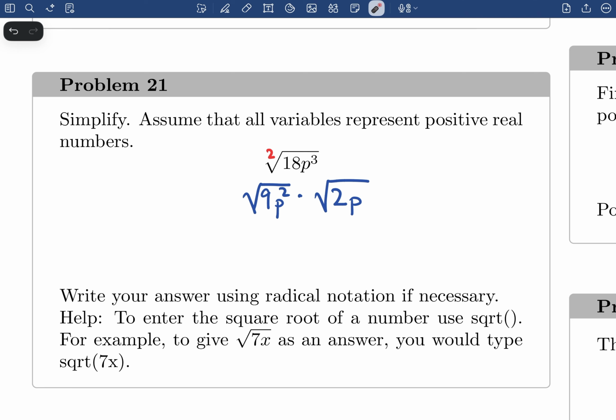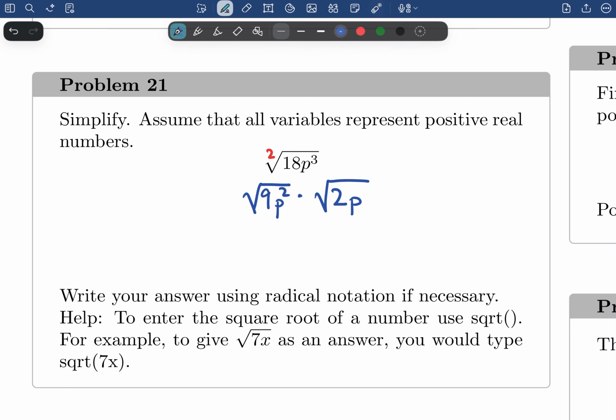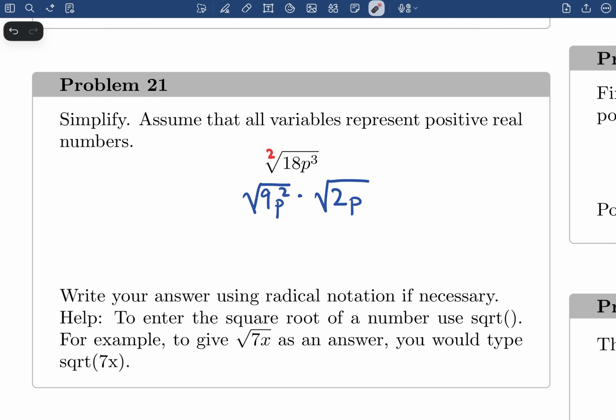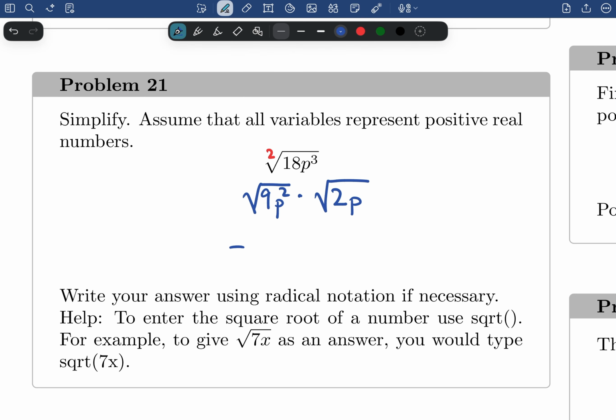It's a perfect power of the index. And then there's still a p, so that's part of the leftovers. Now I can clean up the first radical because they're both perfect squares under the square root. And so I say the square root of 9, that's 3. And the square root of p squared, that's p. And we're going to multiply on the leftovers, which is the square root of 2 times p, right there. So that's my result.